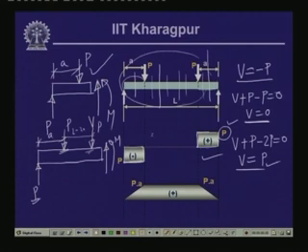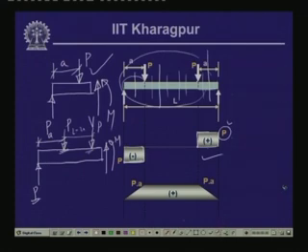Now, if we try to find out the bending moment values, let us look into them. For this particular segment where the reactive force is P, we have V and M, and this M is equal to P times x, this distance being x.